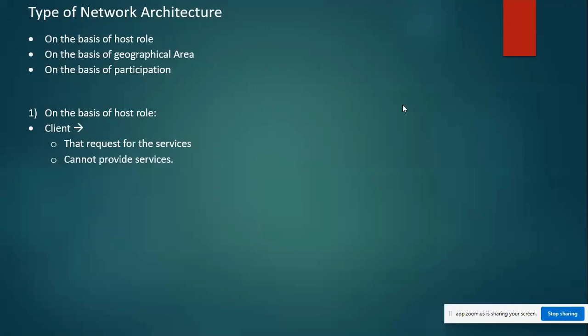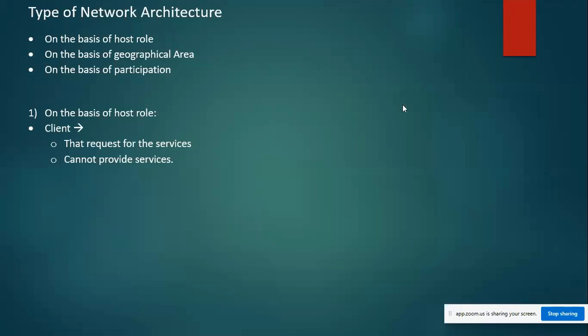For example, my laptop or my PC or my mobile is a client. I can only access www.yahoo.com or google.com or Facebook or Gmail or an app. So I can only request for the service, but I cannot provide services to anybody, right? That is the example of client. Client is the one which requests for the services, but he cannot provide the services.